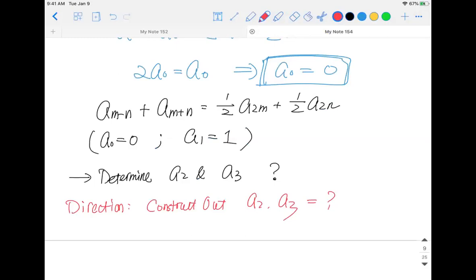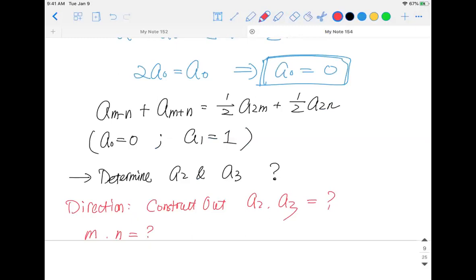You can make M3 and N0, and for A2, make M2 and N0. You guys follow? The most important thing is that you need to play with the M and N to figure out how to create A2 and A3.